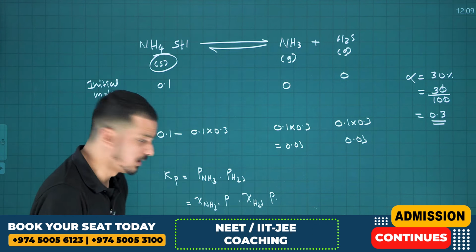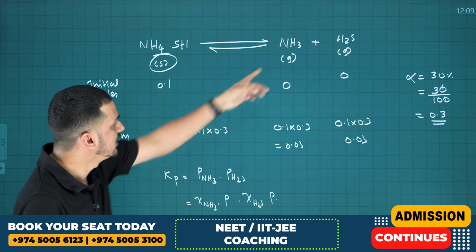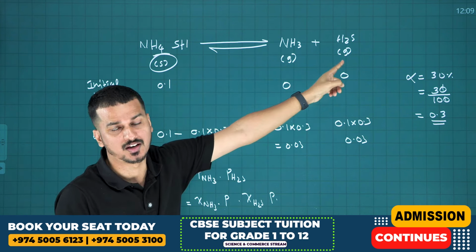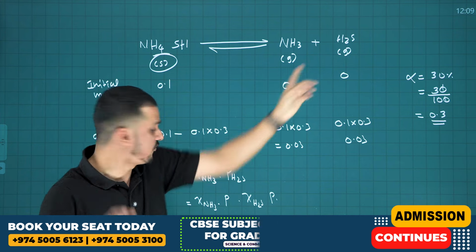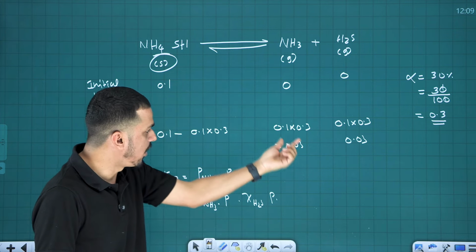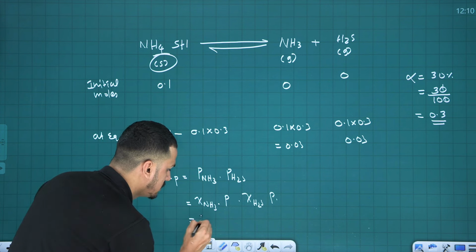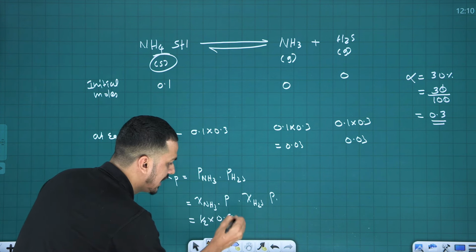Clear? So the mole fraction of NH3: at equilibrium, the number of moles of NH3 and H2S are equal. So 0.03 divided by the total 0.06, that means 1 by 2, into P. P is 0.984.